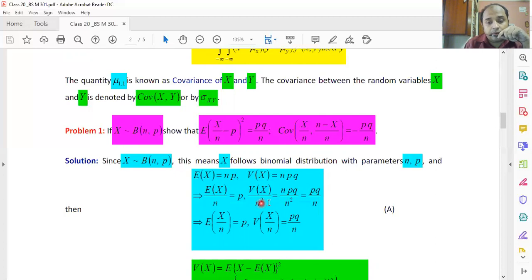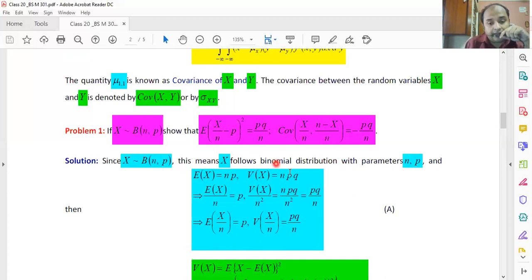I divided both sides by n squared so that I can include n inside the variance symbol, so that I can write variance of X by n squared as variance of X by n. And why am I supposed to do it this way? Because of the pattern of the question. They are actually dealing with a random variable not of the form capital X, but of the form capital X by small n.